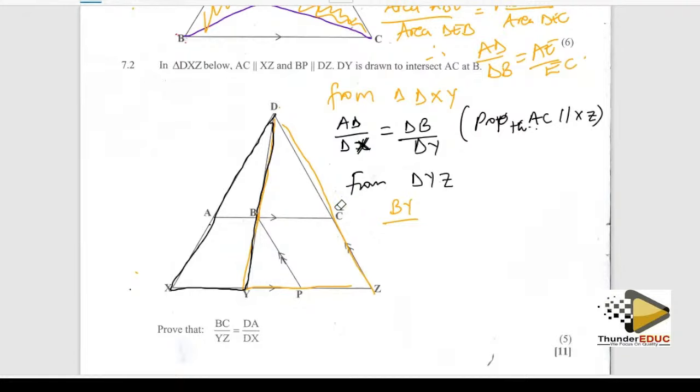No, it's not going to make sense for me. Let me not look at it that way. Let me just focus on this where I have my YZ.